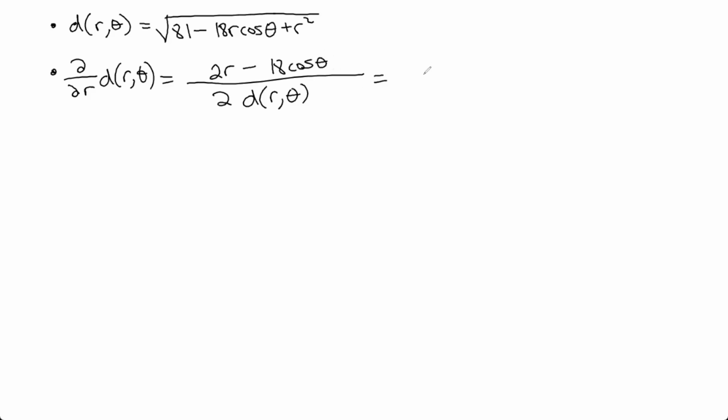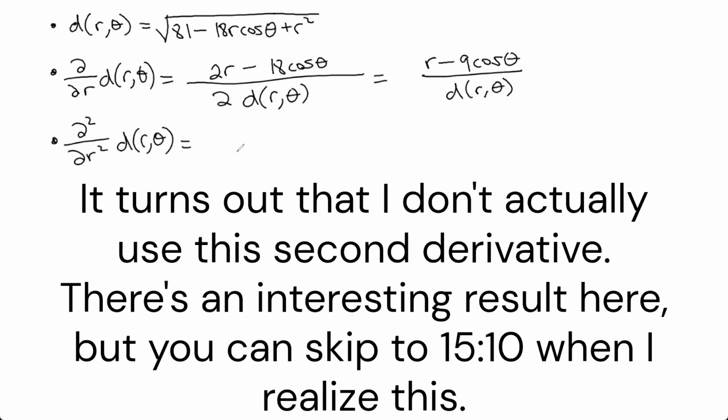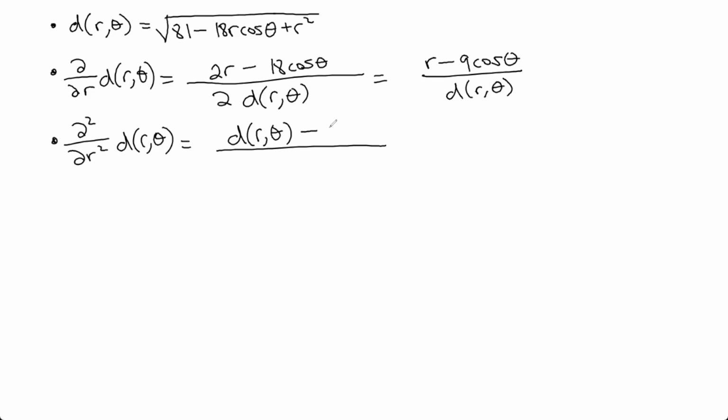And we can factor out 2 on top and bottom to get this result. And as for the second partial derivative with respect to r of our function, we can use the quotient rule to get this.